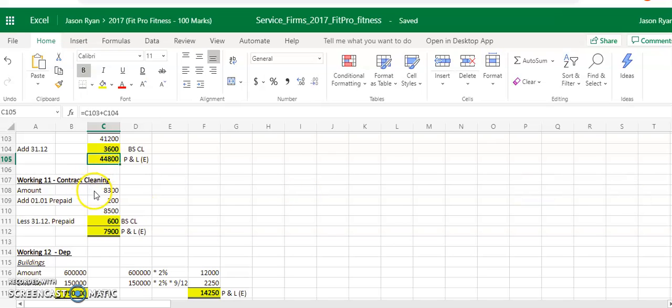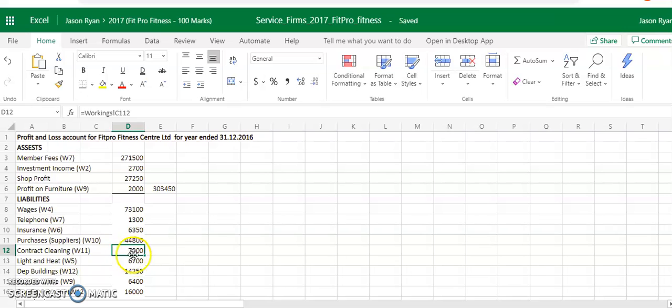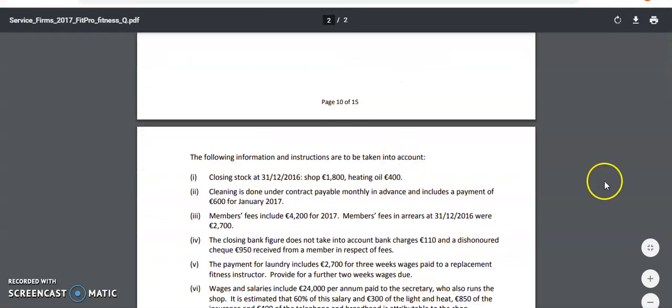So the amount from the question, 8,300, add on the prepaid at the start, take away the prepaid at the end. Remember that prepaid is going to go into your balance sheet and the figure left over is your expense. So your profit and loss, 7,900.